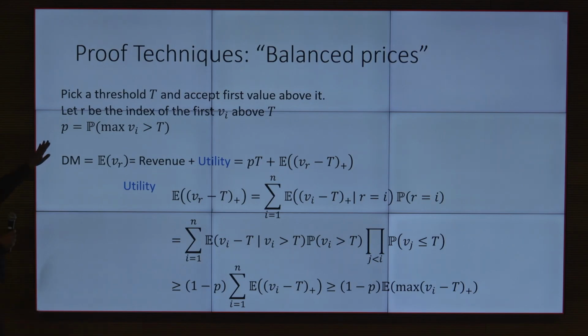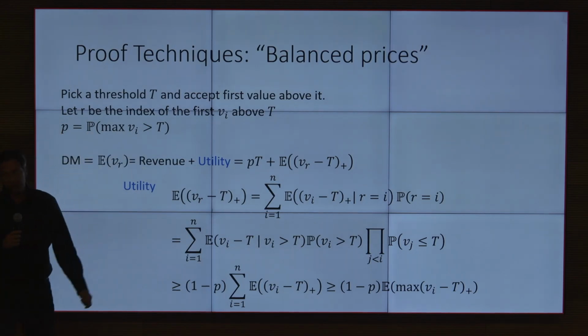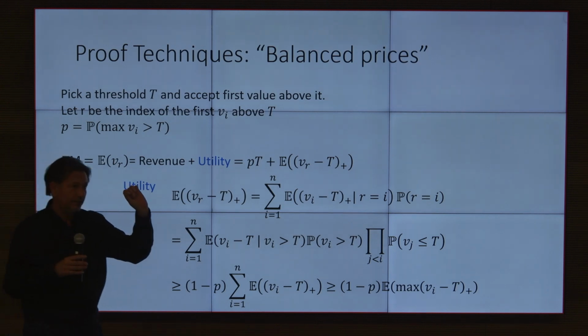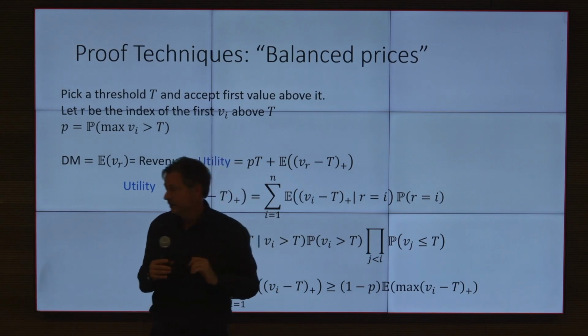Let me call P the probability that the maximum is more than T. So this is the probability that there exists an agent that wants to buy at that price. We will take the expectation of the decision maker as the expectation of V_R, where R is this random time, the time of the first valuation above the threshold.